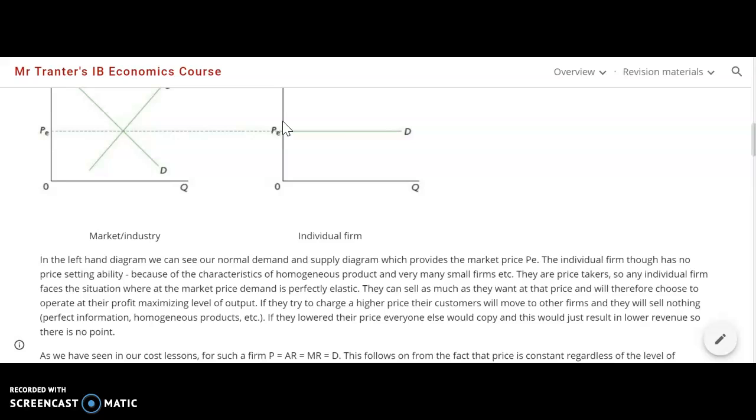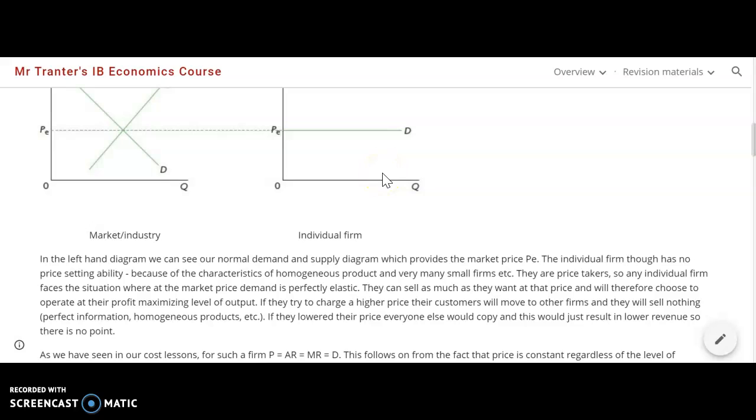They won't be able to. Their sales would be zero. If they tried to charge a lower price, it would be pointless because everyone would just copy them because there's free information. And therefore, you'd end up selling the same amount just at a lower price. So there's no point. So you might as well just stick to that price. Hence, you are a price taker.